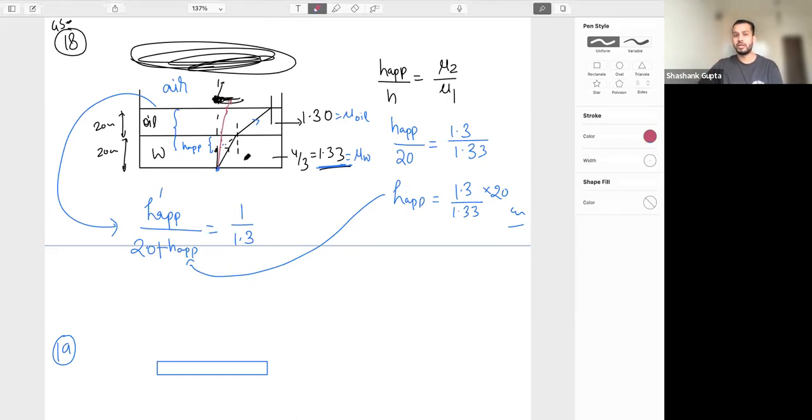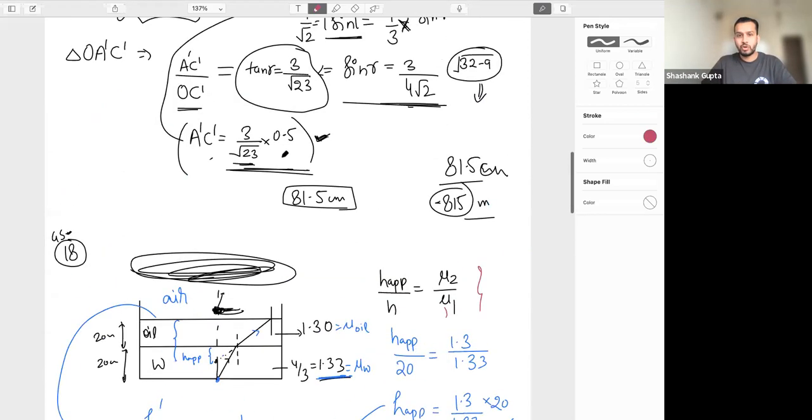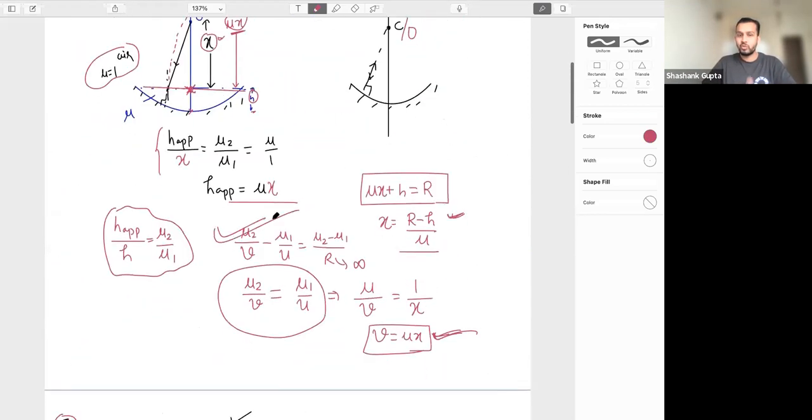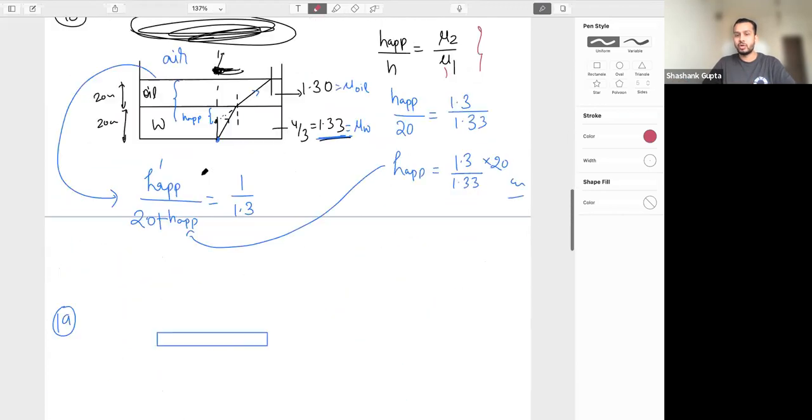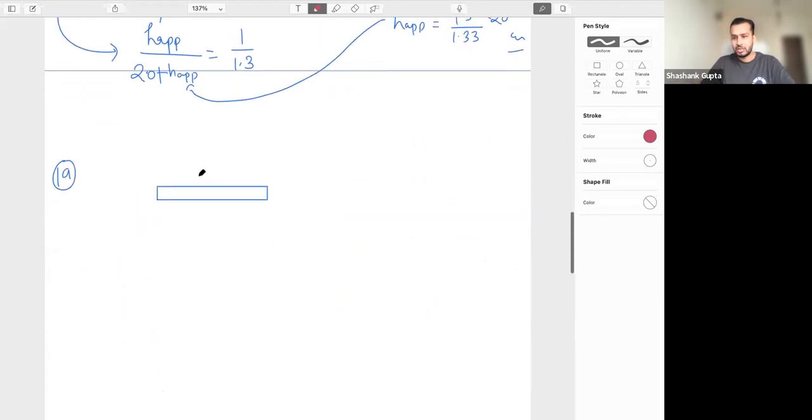I drew the eye so large just to make the diagram clear, but it is always near the normal. Whenever we apply these formulas, the angle is very close to the normal. These formulas are only applicable for near normal incidence, which is called paraxial.